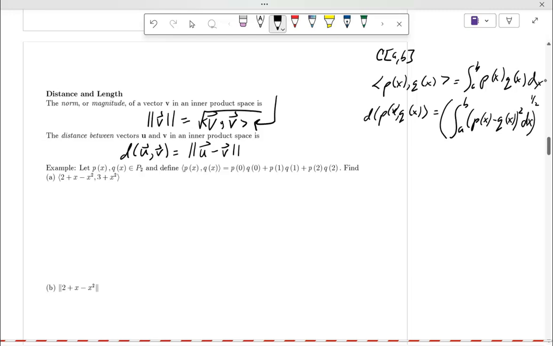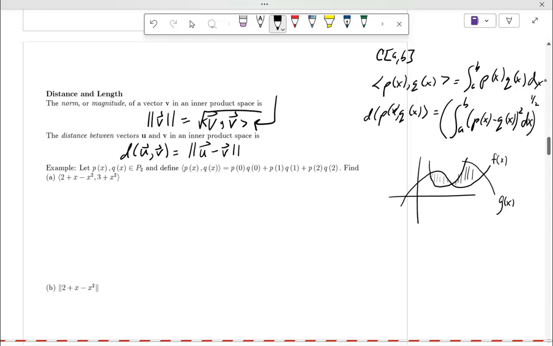Notice that when you do p of x minus q of x, if you think about a couple of arbitrary functions, say this is my f of x and this is my g of x. When I do f minus g and do the integral, that gives me that area, doesn't it? When I'm squaring it, I'm making all of that stuff positive.